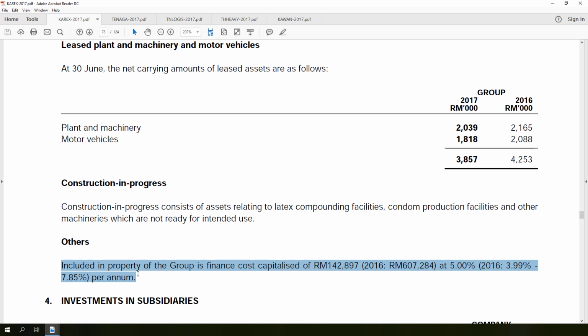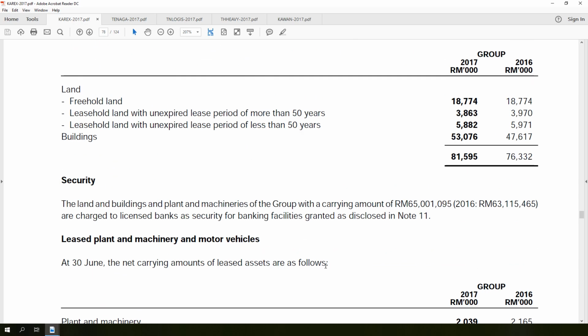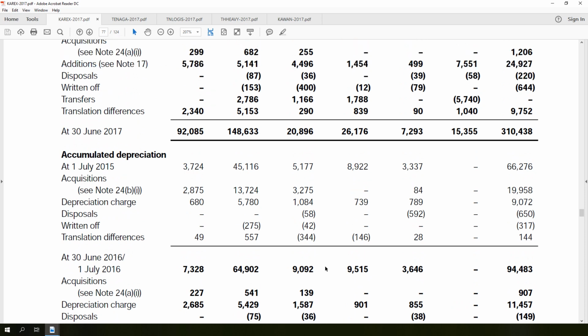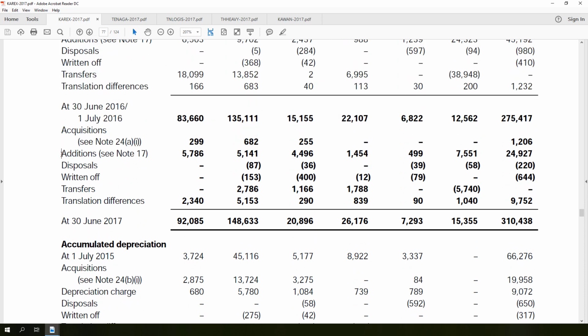What does it mean? It means 143,000 of construction interest expense was added into additions of PP&E, 24.9 million. Did you notice Note 17 here? Let's take a look at Note 17.